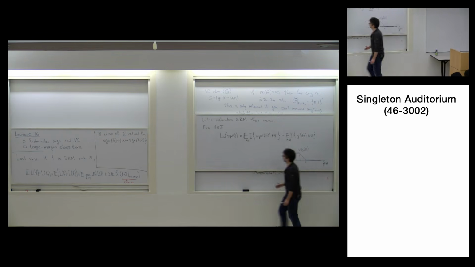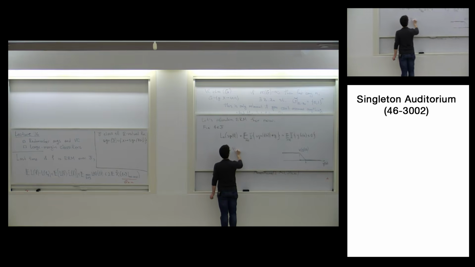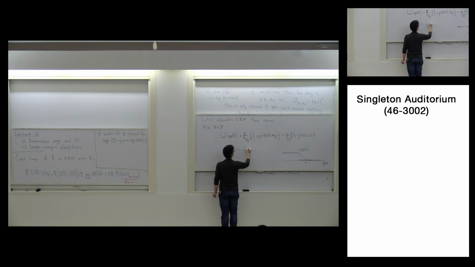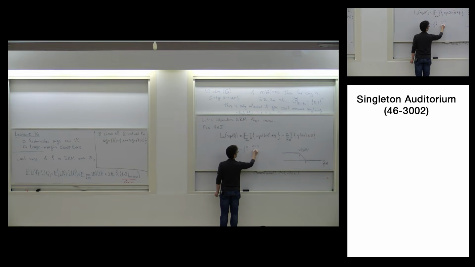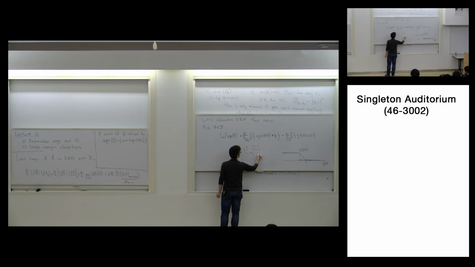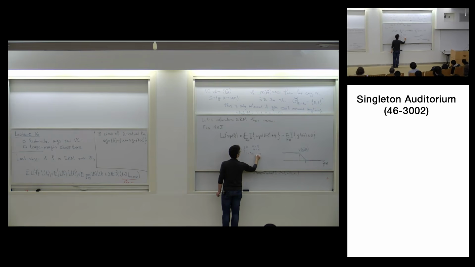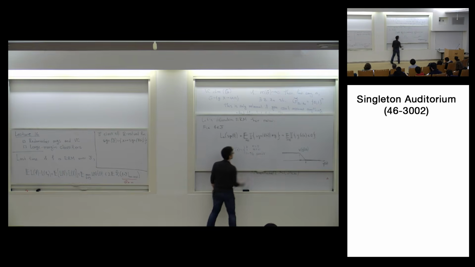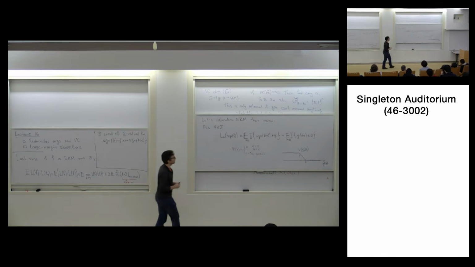And so the definition of psi of a is 0 if a is greater than gamma, 1 if a is less than 0, and then 1 minus a over gamma if a is between 0 and gamma. Right?